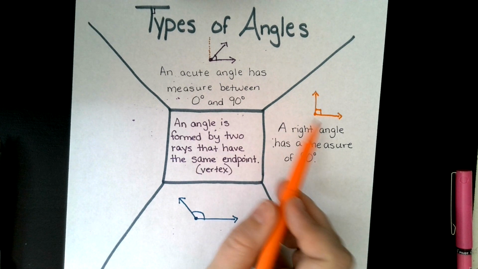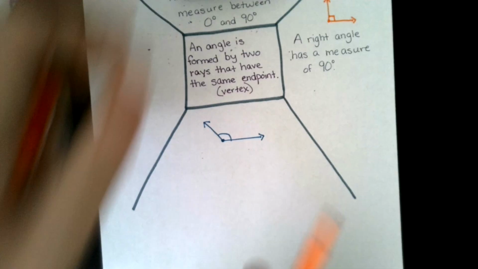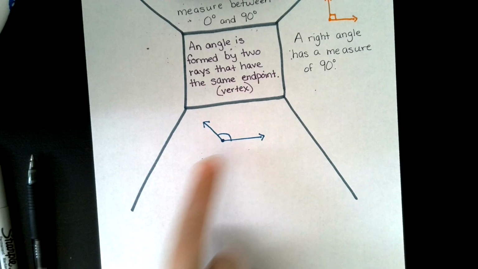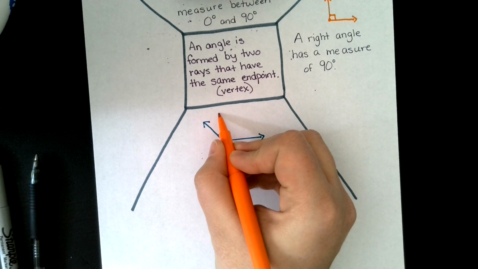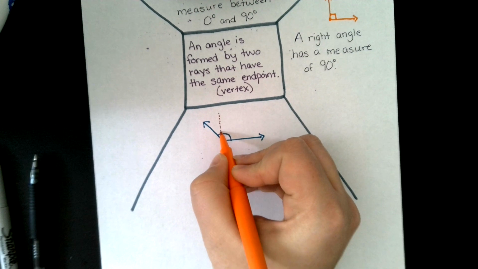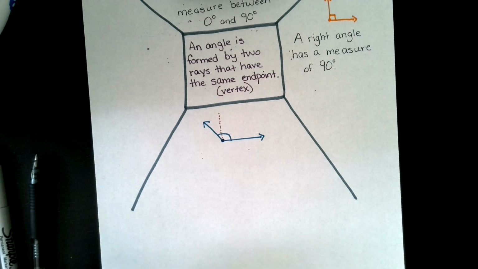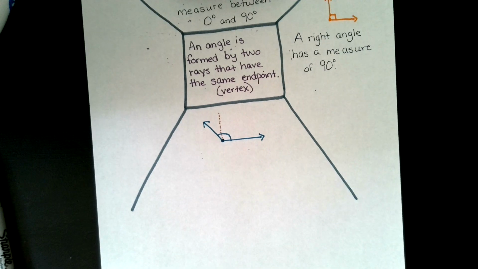So when I look at the obtuse, which is the name of this one, I see kind of a different pattern. If I were to draw my right angle on top of this one, it would come here. So an obtuse is actually bigger than a right angle.